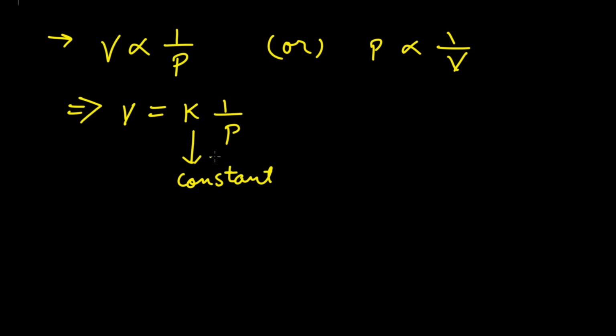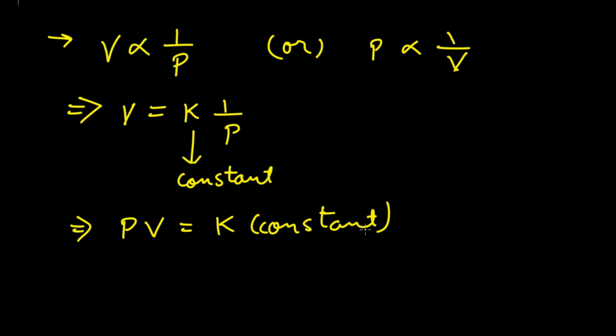Now by moving the pressure from the right side to the left side, you will get PV is equal to K, or constant. That is, the value of the product of pressure and volume is constant.